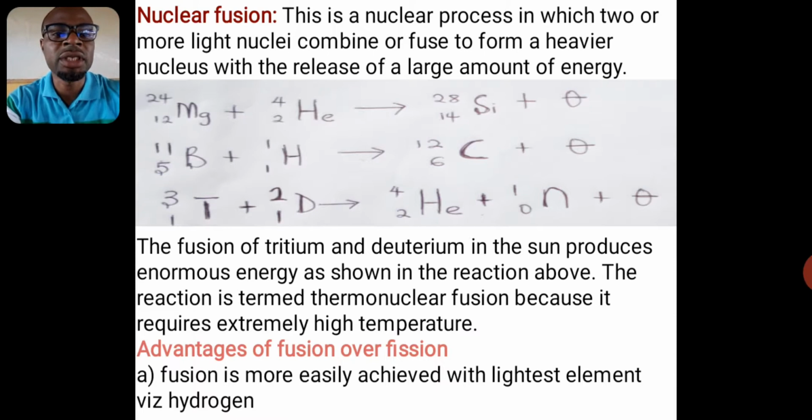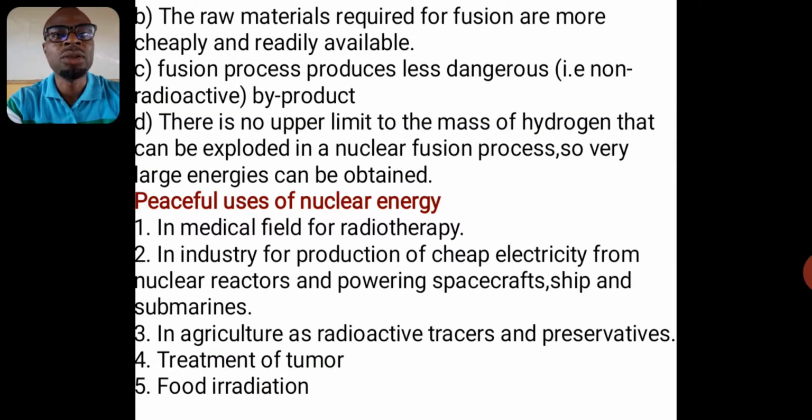The first advantage there, please take note, this is an important question in WAEC. Number one, fusion is more easily achieved with the lightest elements such as hydrogen. Number two, the raw materials required for fusion are more cheaply and readily available.